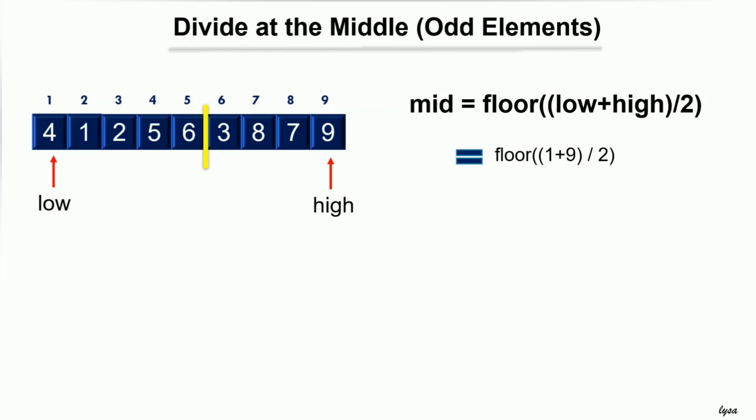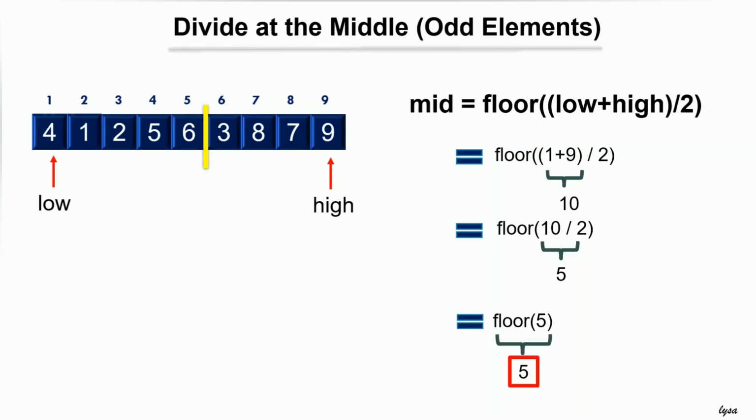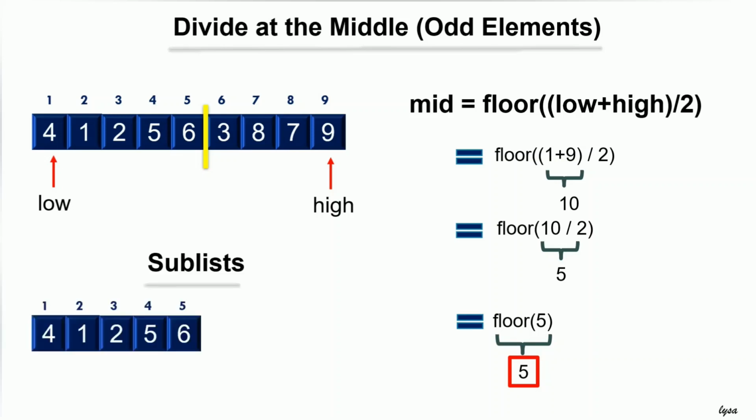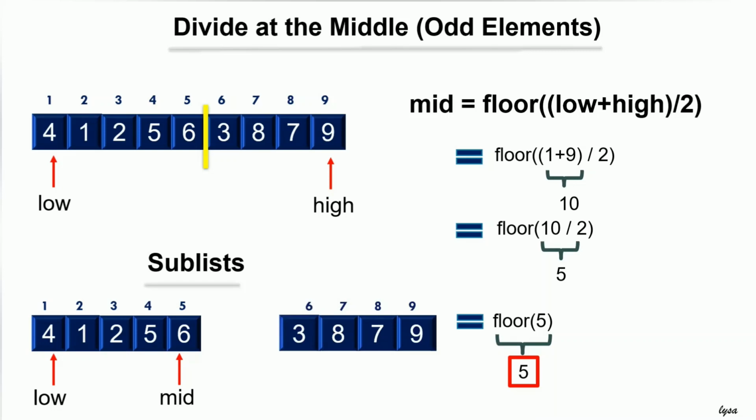Now the mid value will be nothing but floor of (1 plus 9) by 2, which is floor of 10 by 2, or the floor of 5, which is 5. The mid value is 5. Now the sublists that are formed are from low to mid, which is from 1 to 5 is the left sublist, and from 6 to 9, that is from mid plus 1 to high, I have the second sublist.